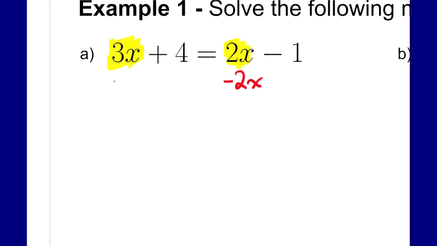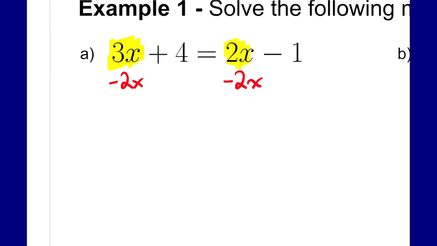I'm going to do the same thing to the other side to keep it balanced. Now you might notice that I put this minus 2x right underneath the 3x. That's because we have to consider like terms. I'm still doing the same thing to both sides of the equal sign.